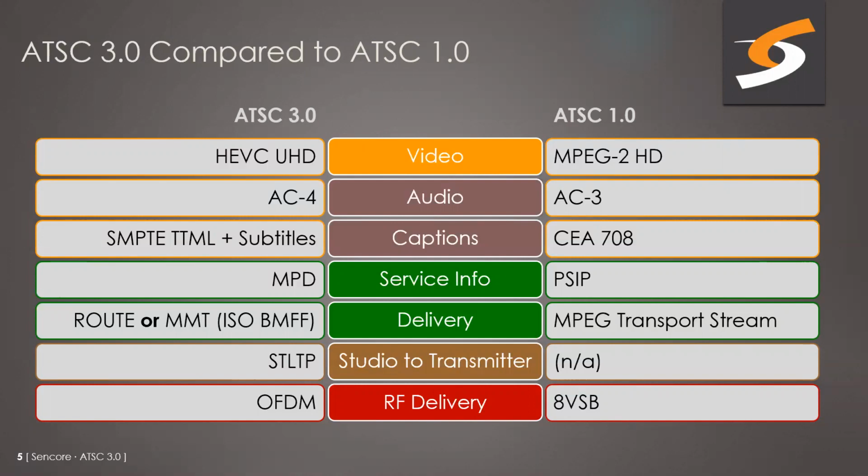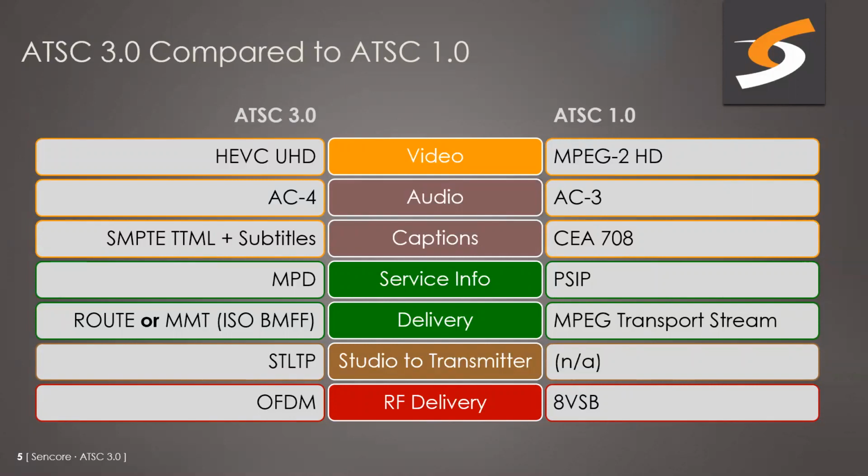ATSC 1.0 was built around an MPEG transport stream as the wrapper, the container, 8 VSB modulation, MPEG 2 video, and AC3 audio. ATSC 3.0 really throws just about all of that out. It uses an OFDM type modulation.